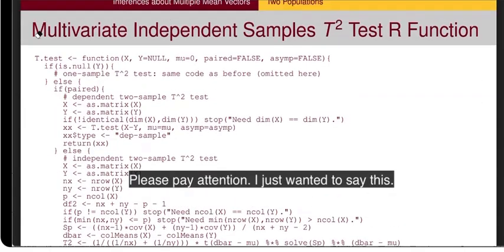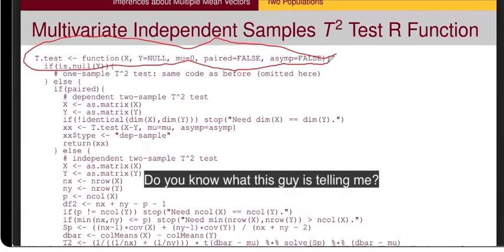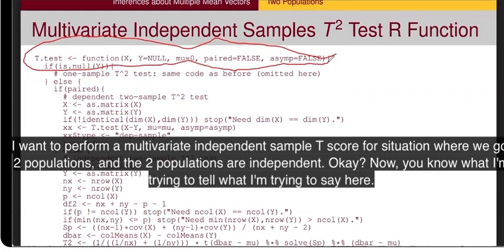Please pay attention. I want to perform a multivariate independent sample T-squared test, for the situation where we have two populations and the two populations are independent.